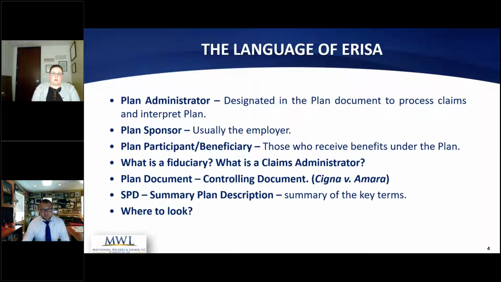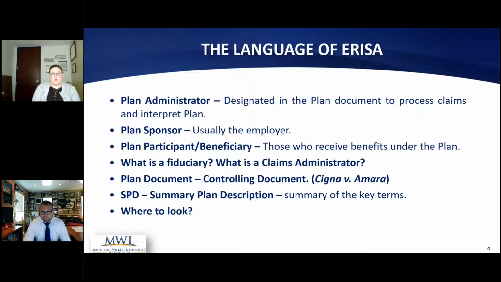And that kind of brings us to the next one, the claims administrator. That is separate from the plan administrator, and I guess it's typical with most self-funded plans. The employer or the plan sponsor just doesn't want to have to deal with the overhead of administering the day-to-day claims, so they hire a claims administrator.